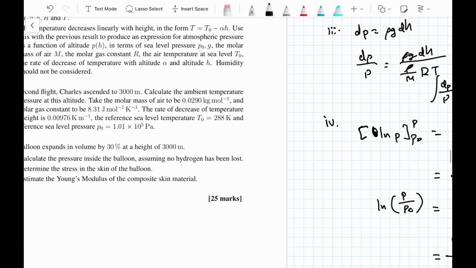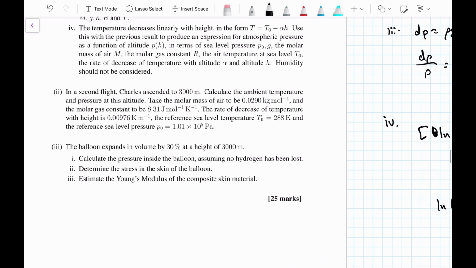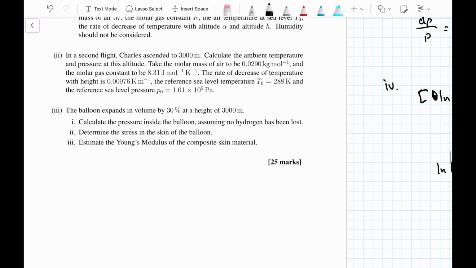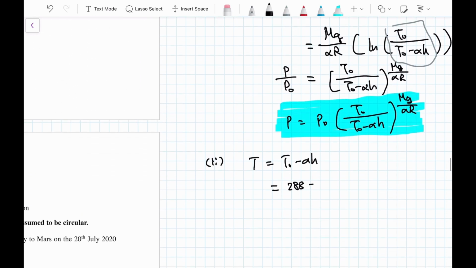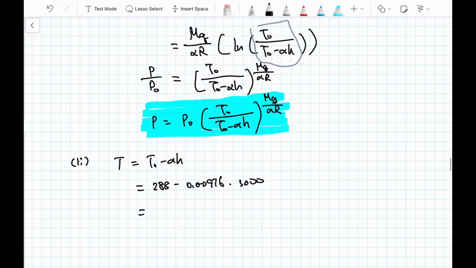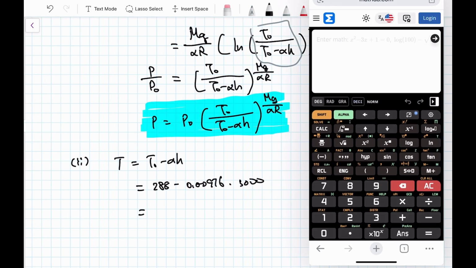Alpha is the rate of decrease of temperature with height, that is 0.00976, multiplied by the height, which is 3,000, I believe. So that should be equal to 288 minus 0.00976 multiplied by 3,000. Now that is 258.72 kelvins.